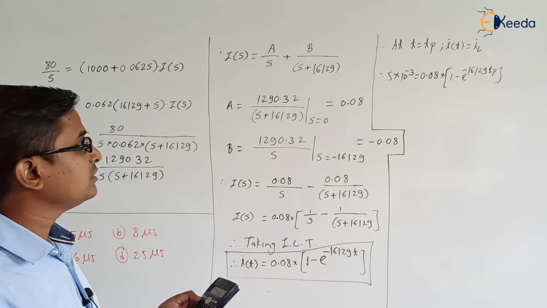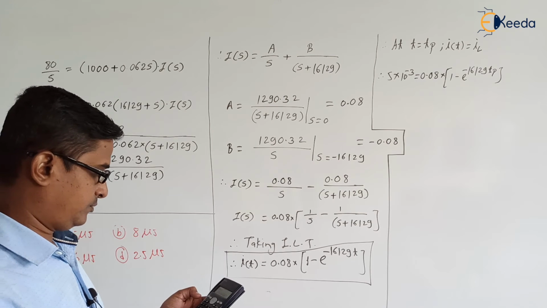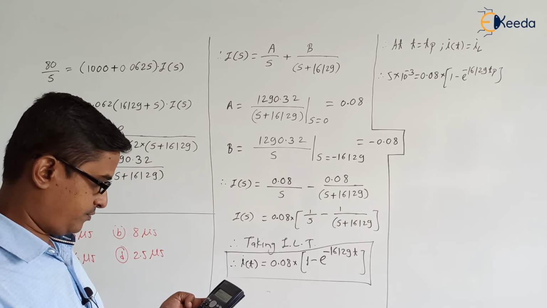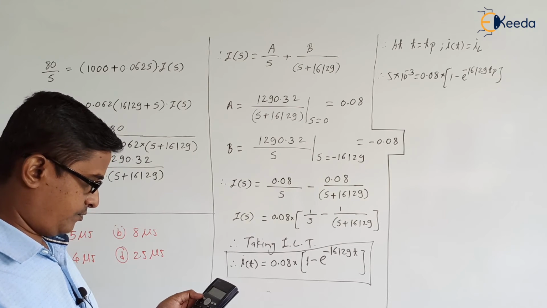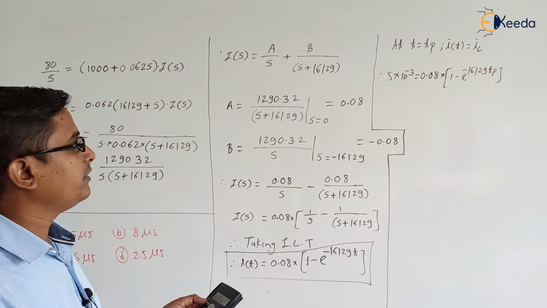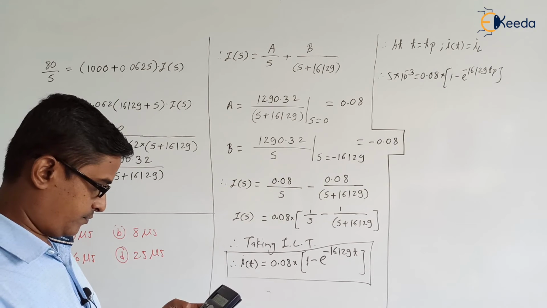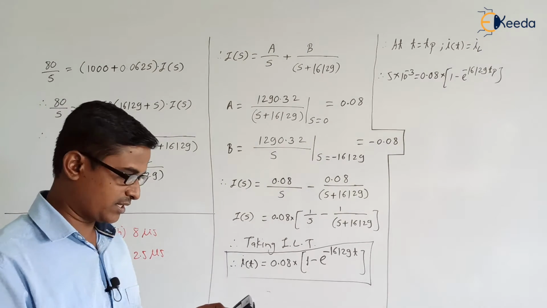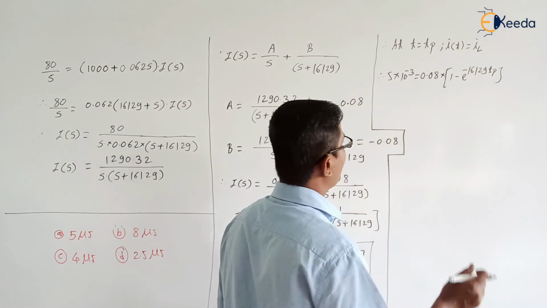Next, the inverse of this term we can take, so it is a natural log, divided by 16129. Yes, it is 4.001396 microsecond. Are you getting how to simplify it?